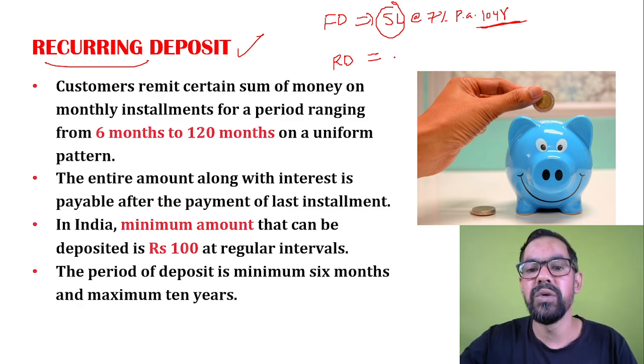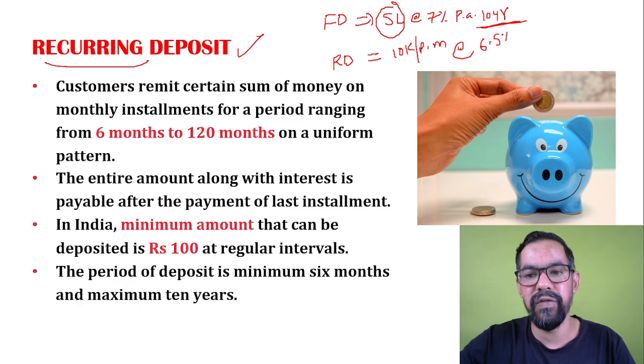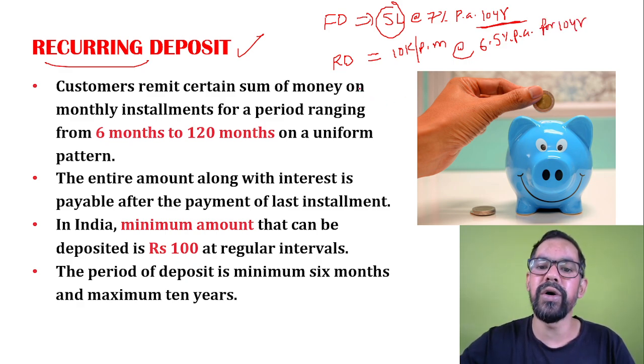Let's say you started with 10,000 rupees per month. So here we have per month. The rate of interest offered by the bank is supposed to be 6.50% per annum for 15 years or 10 years. So this is your recurring deposit.